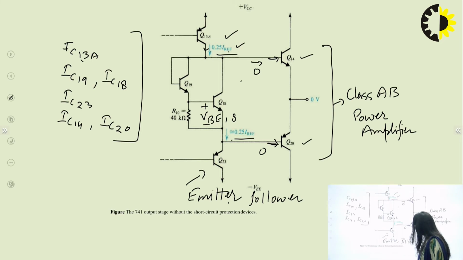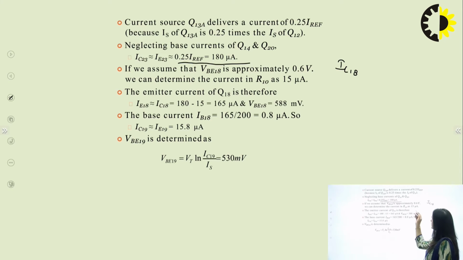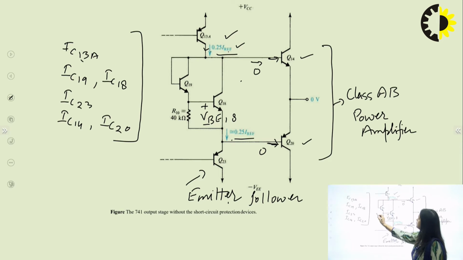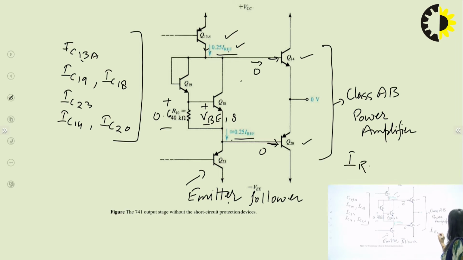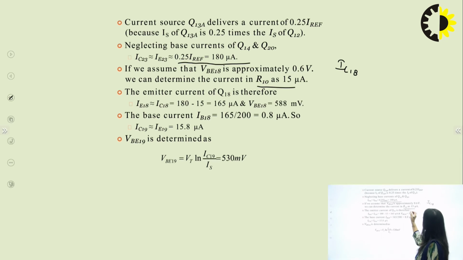By assuming this 0.6 volt, we can calculate the current in the R10 resistor: IR10 is equal to 0.6 divided by 40 kilo ohms, and that is equal to 15 microampere.